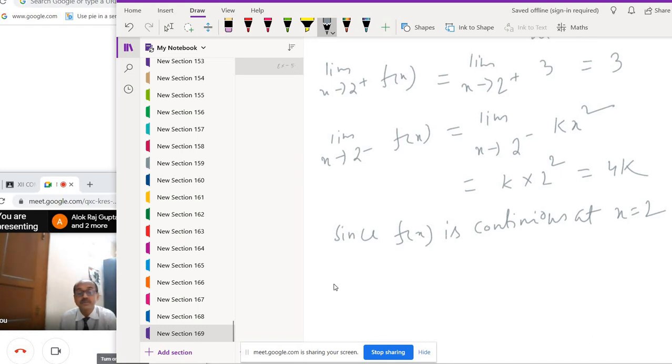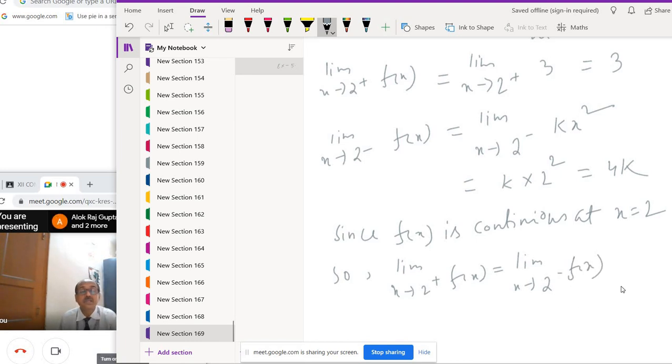So limit x tends to 2 plus f(x) is equal to limit x tends to 2 minus f(x).